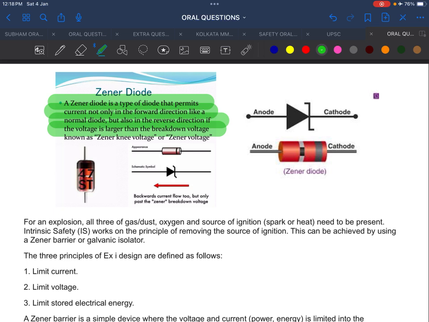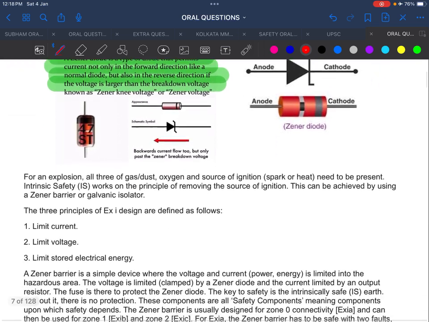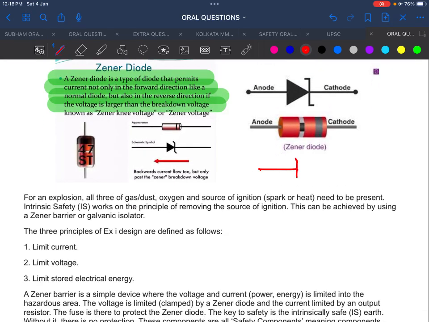Okay, so you know what the diode is and what the Zener diode is. This is the symbol for the diode. This is the anode and this is the cathode. A diode is basically made when we combine two types of semiconductor, p type and n type.